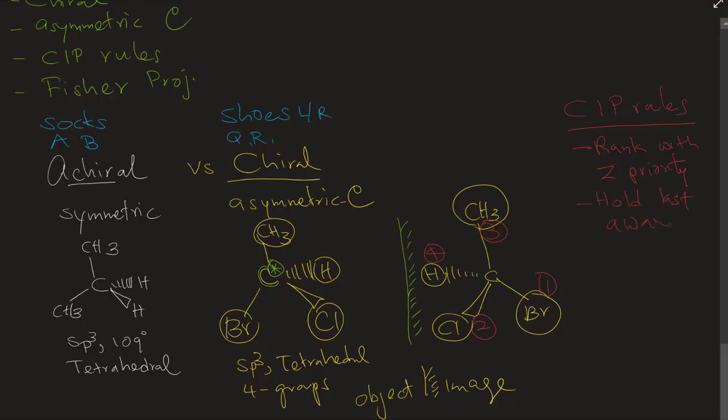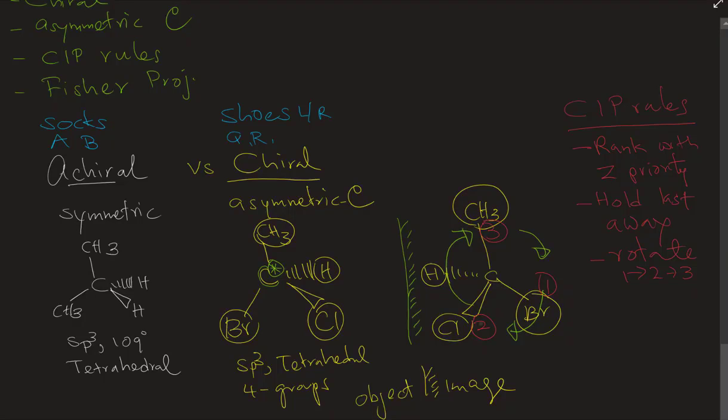Now hold the lowest priority away from you. In this case, hydrogen is actually in the background because of the dashed line. So now take the rotation on the priority order, starting from 1 to 2. So 1 goes to 2, and 2 goes to 3, and 3 goes back to 1, right?